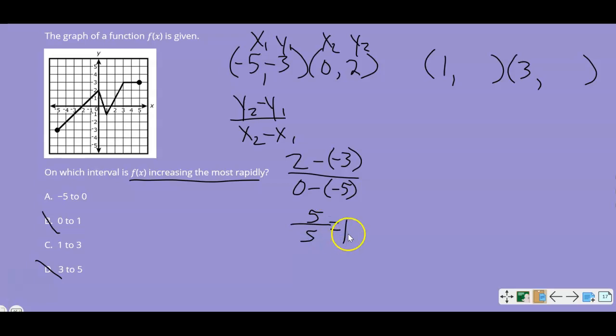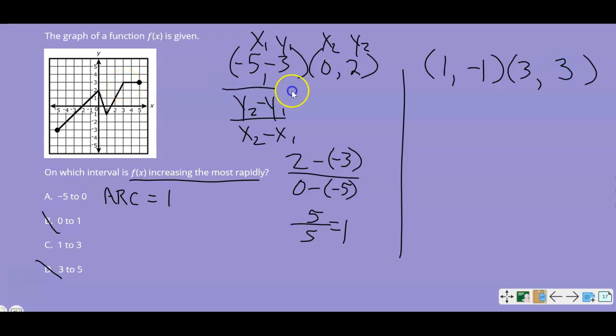So the average rate of change for the first one equals 1. All right, let's look at the average rate of change for the second 2 points. So if I have another set of points, I've got 1, negative 1, and then the other point is at 3, 3.